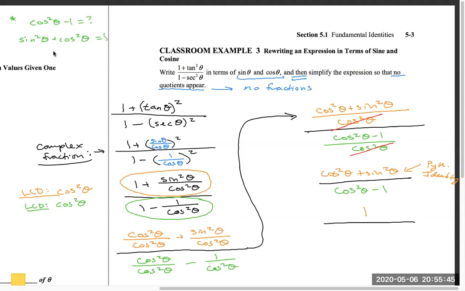I'm going to subtract sine squared theta from both sides first, and then subtract 1 from both sides. So what we found is that cosine squared theta minus 1 is equal to negative sine squared theta.